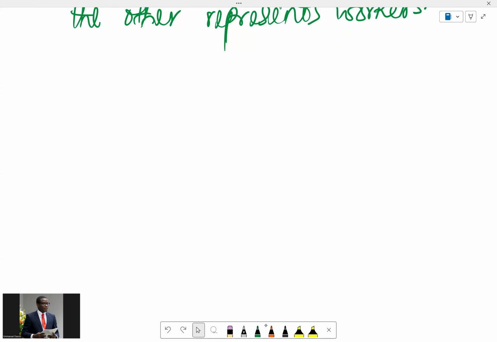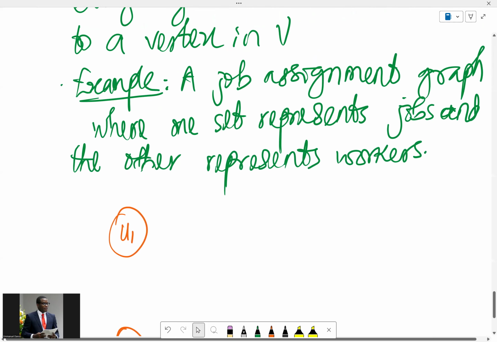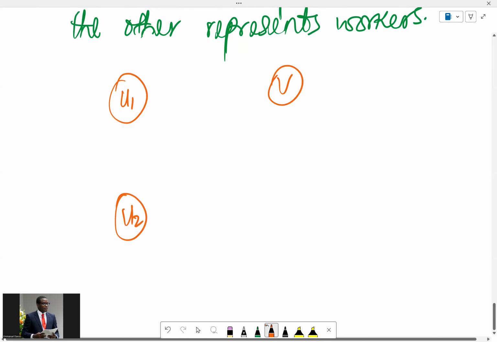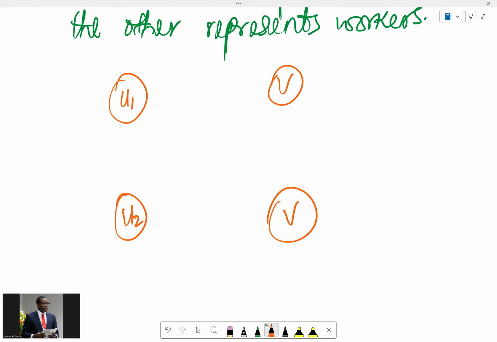Imagine that you have job one and job two, and we're assigning jobs to workers, so this is worker one and this is worker two. For a bipartite graph, U1 is joined to V1 and U2 is joined to V2. That's the idea of a bipartite graph.